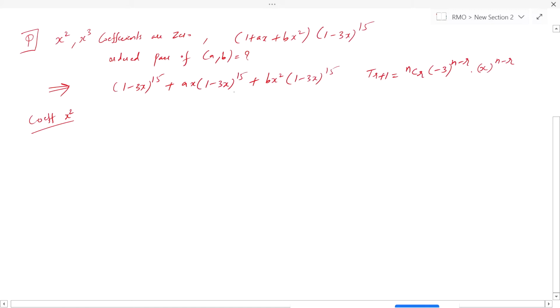Okay, so it's 15. Is it easy or tough? Meaning you are not able to solve? I got some part. After that, I got 15C2 into AB into 3 equal to 0.